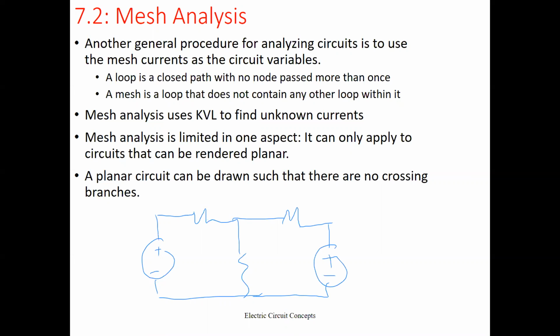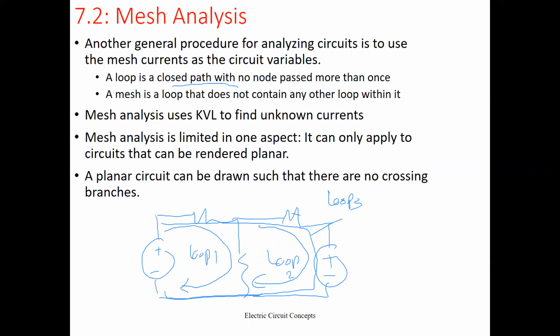As we defined, a loop is a closed path with no node passing more than once. So for example, this is a loop, loop 1. This is also a loop because it's a complete path, loop 2. This is also a loop. Start from here, go around. So this is a third loop, loop 3. So now we have 3 loops, but we have only 2 meshes.